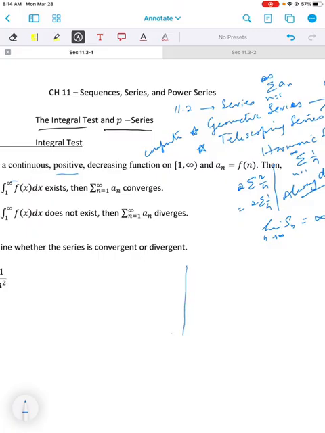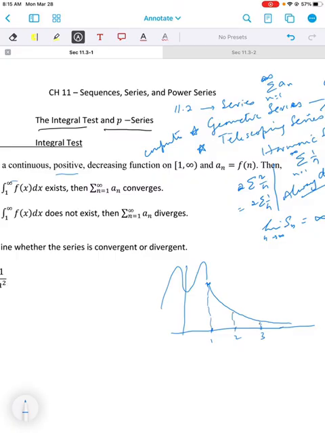So what does that mean? If this is 1, and then 2, 3 and so on, notice that before 1 the function could be increasing or decreasing, it could be doing anything. But after it gets a value at 1, after that it is a decreasing function, and it is positive, so it has to stay above the x-axis.